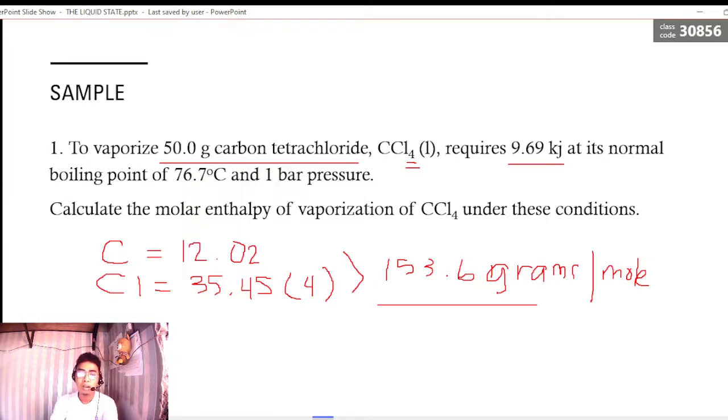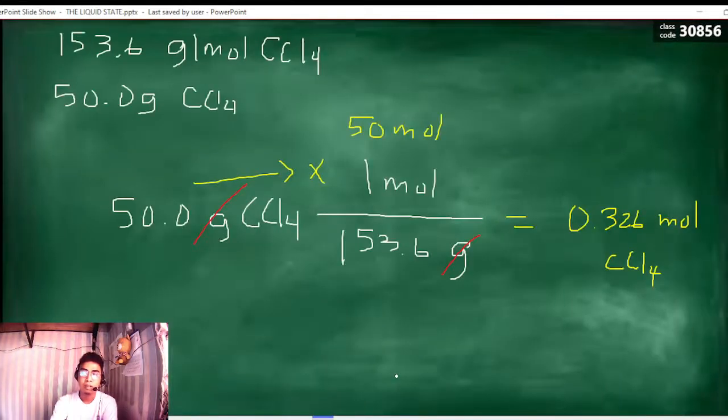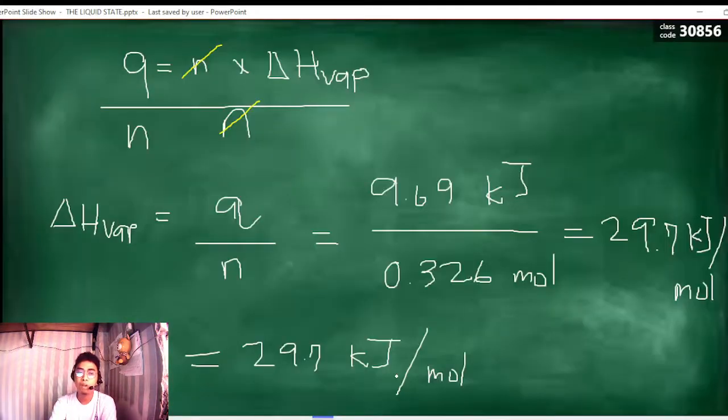So again, what we did is, step 1, get the molar mass of the compound, which is in unit of grams per mole. The second step is to cancel the unit of grams for us to be able to get the number of moles of the compound. The third step is to derive the formula if necessary.